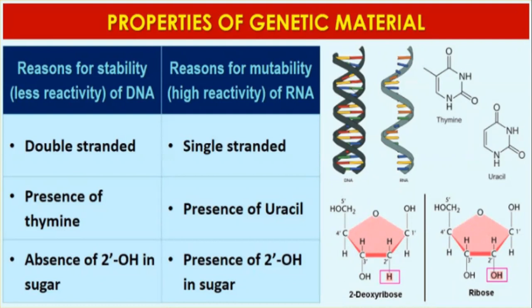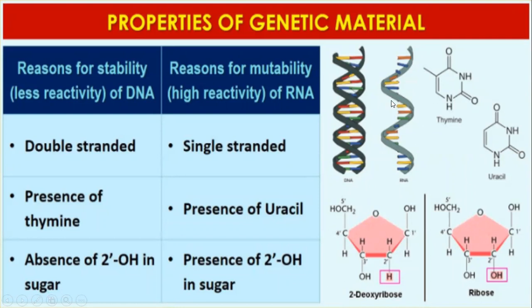Presence of thymine makes it stable, and absence of the 2'-OH, the hydroxyl group in the 2' position of the sugar, makes DNA more stable and less reactive. Reasons for mutability in RNA: high reactivity, single stranded, presence of uracil, and presence of the OH group in the 2' position of the sugar.